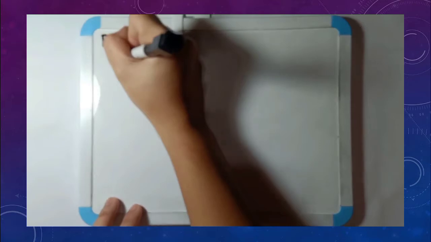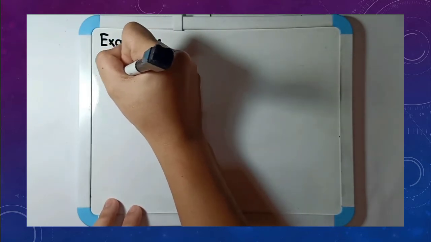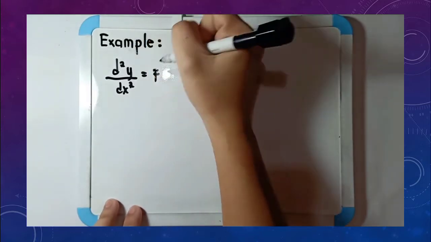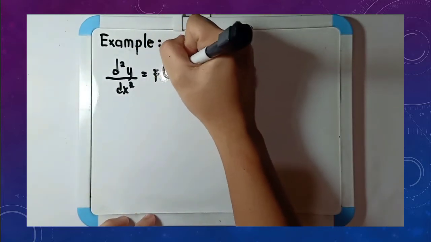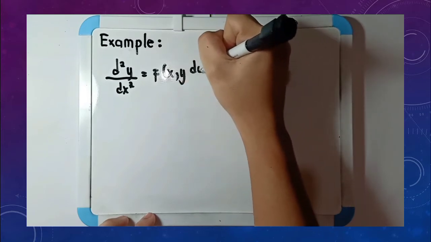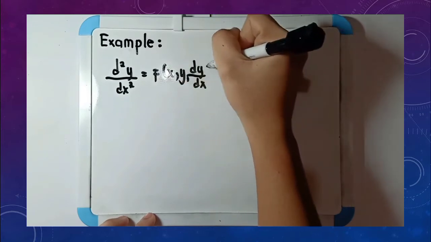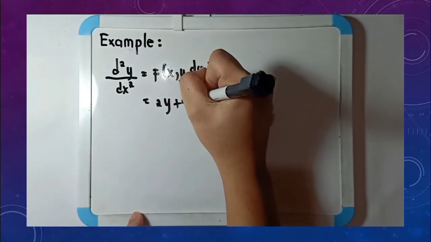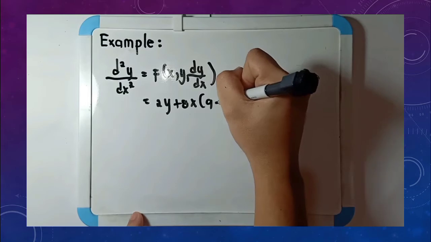So now let's see how we are going to go about doing that. The next thing we must do is write down this equation: d squared y over dx squared is equal to the function of x, y, dy over dx, and that turns out to be 2x plus 8x times 9 minus x.